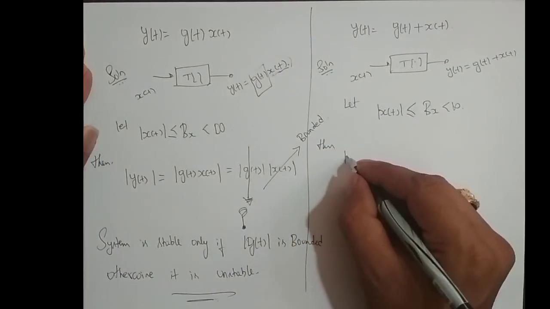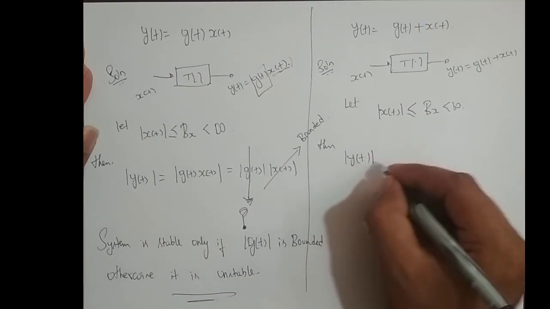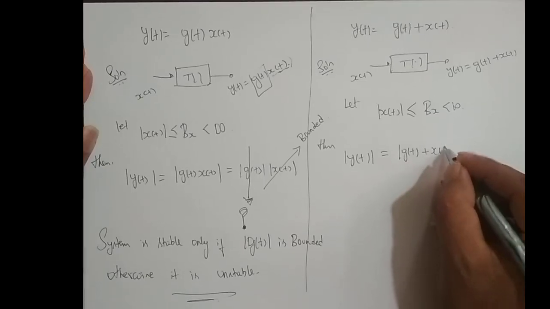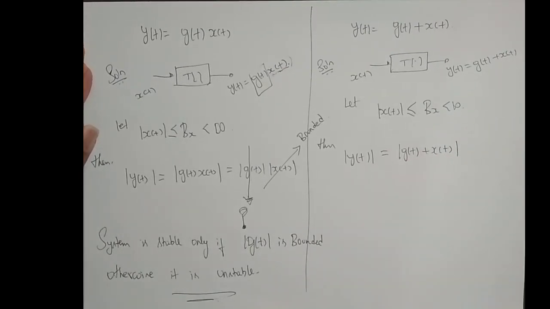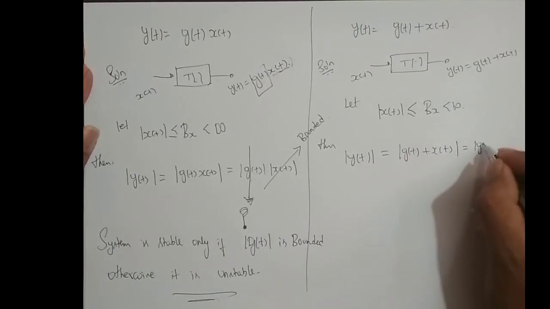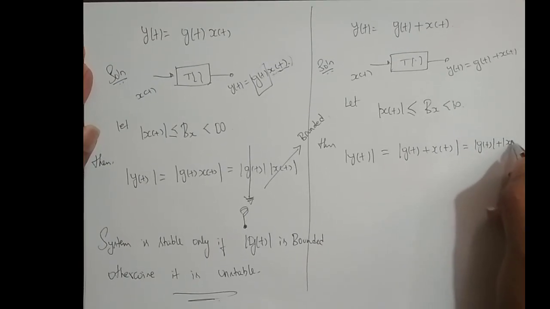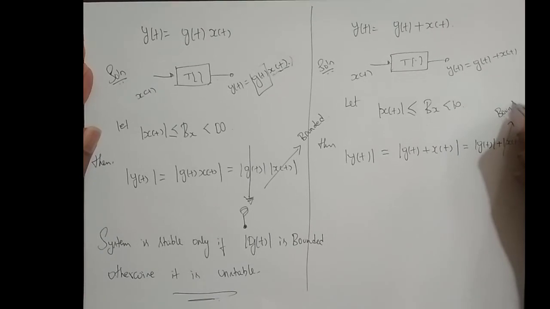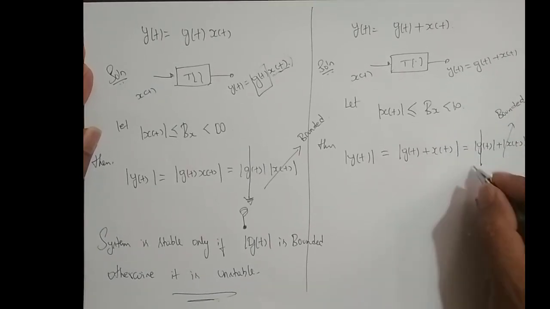So then magnitude of y of t is equal to magnitude of g of t plus x of t. Okay, I'll split it, magnitude of g of t plus magnitude of x of t. This is bounded anyhow, we know that, we assumed it. And what about this?